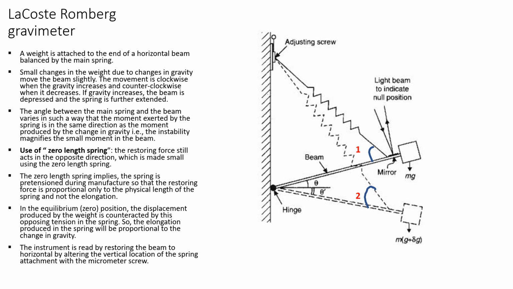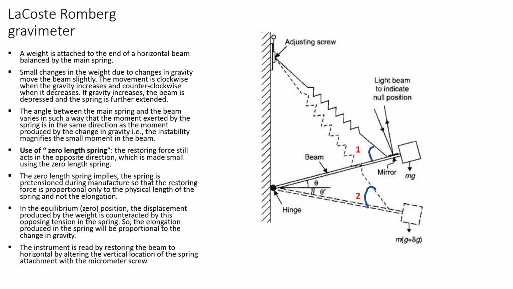Okay. How is the instrument read? The instrument is read by restoring the beam to the equilibrium position by adjusting the screw on the left hand side that can be seen there, which is attached to the main spring, and the vertical location of that adjusting screw is adjusted so that the beam returns back to its equilibrium position.